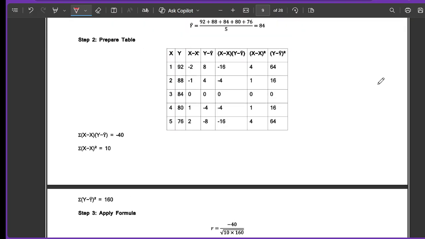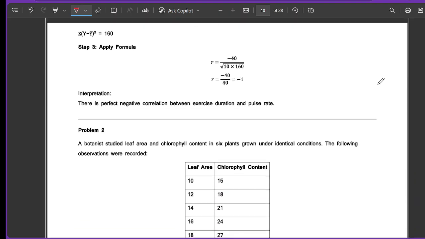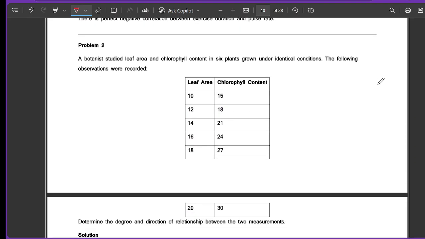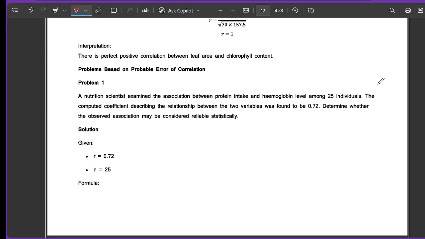I assume that you can easily solve this question because I've already explained the procedure for how to solve problem 1 and problem 2. Let's jump to this problem which talks about the probable error of correlation. Nutrition scientists examine the association between protein intake and hemoglobin level among 25 individuals. So here the number of observations n is equal to 25.